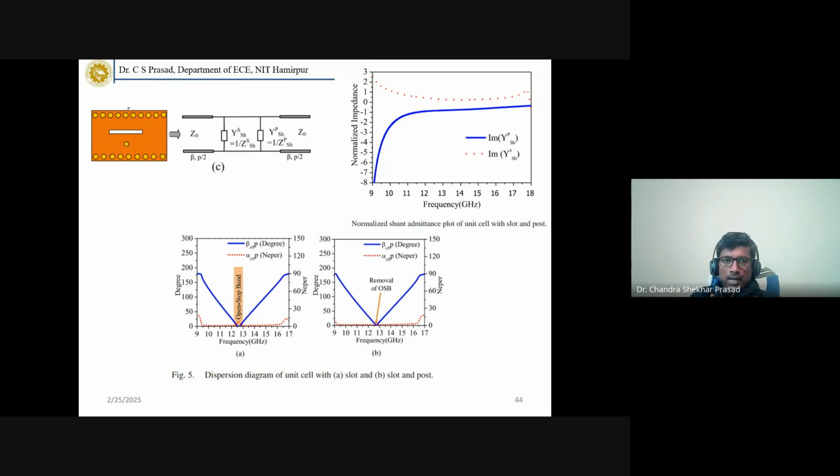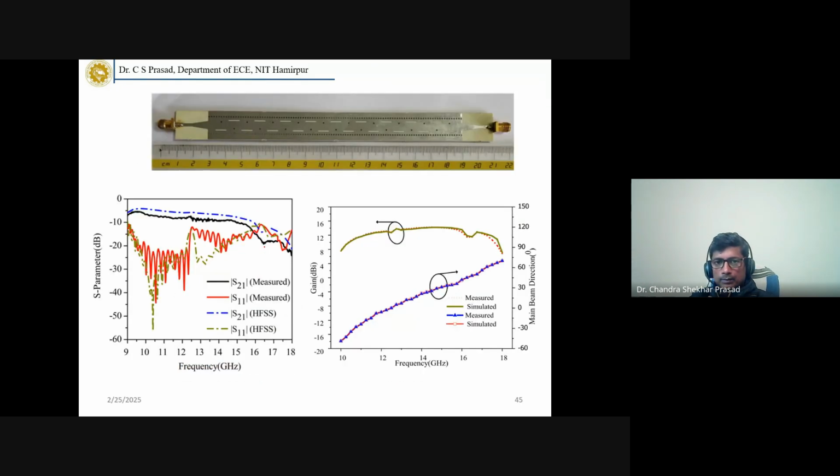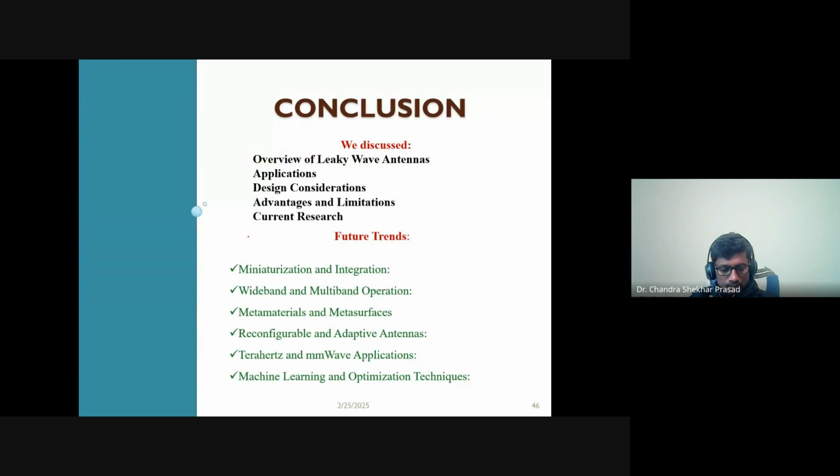If you have only this longitudinal slot, this is the diagram, and you can see there is a small open stop band. If you put both together, this will be removed. Obviously you cannot cut randomly; you have to do some parametric analysis and optimize the location and size. This is fabricated, and I think with this I am done.